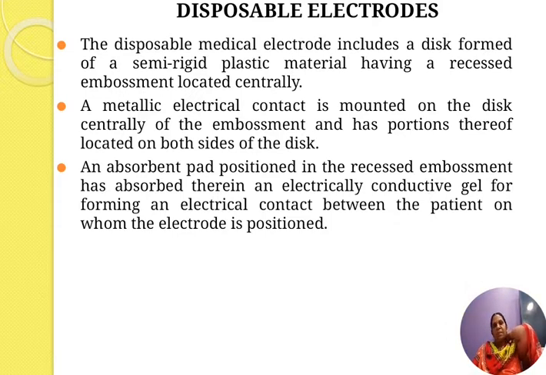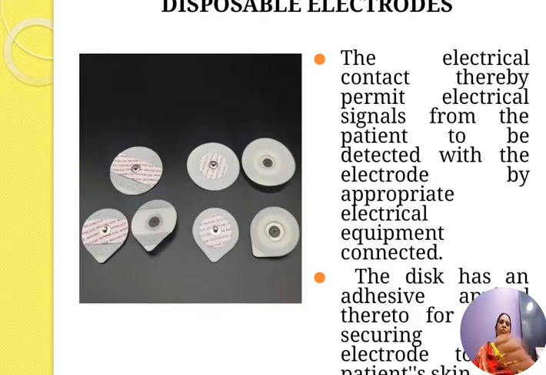An absorbent pad positioned in the recessed embossment has absorbed therein an electrically conductive gel for forming an electrical contact with the patient on whom the electrode is positioned. This is the disposable electrode.